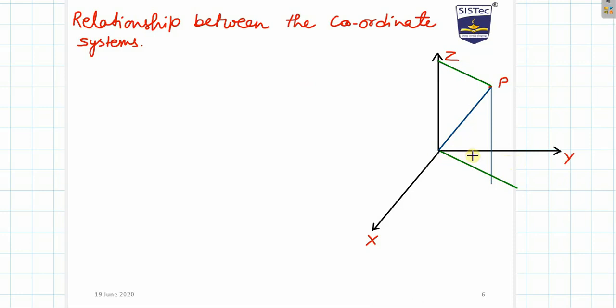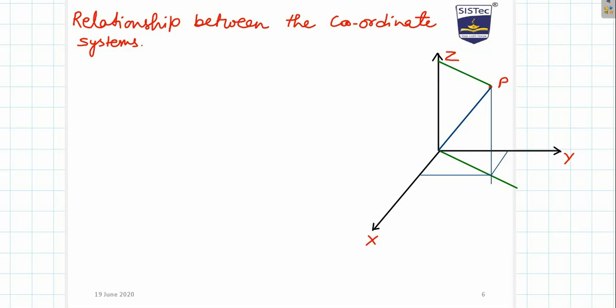Now we will resolve it into two orthogonal components. So we will draw one parallel to the x-axis, and from here also parallel to the y-axis. So we are resolving it into the rectangular coordinates. Now we have this simple representation of vectors, and from this we will interpret the relations. So how will we interpret?